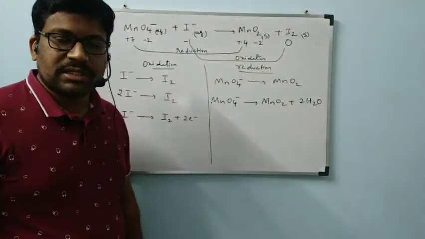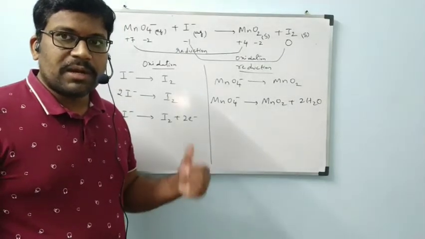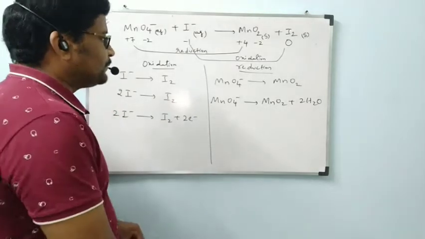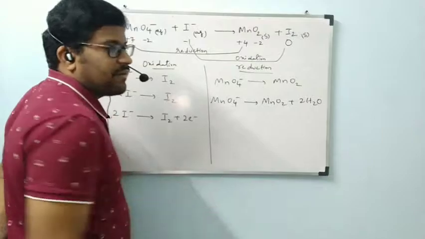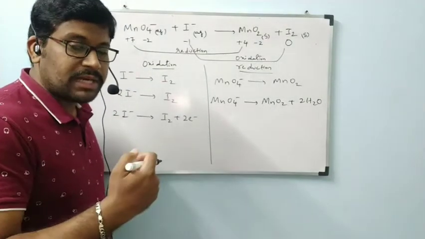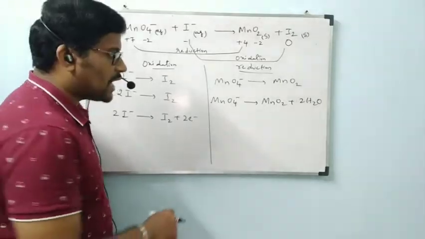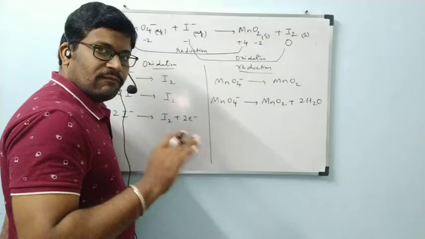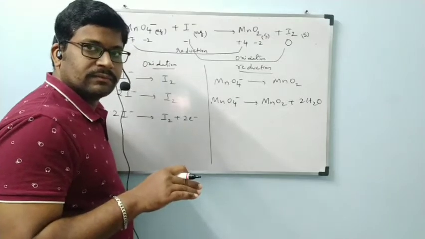This is the different step when compared to acidic medium. Okay, let us come to this point. Next we have to balance the number of hydrogens. How many hydrogens must be balanced? 4 hydrogens. See, left side 0 hydrogens, right side 2 into 2, 4 hydrogens. Correct?